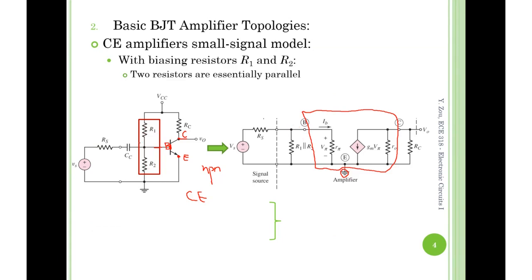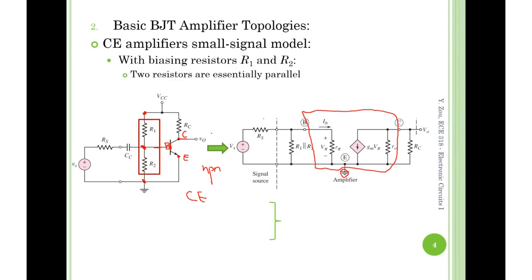R1, R2 are in parallel, because the other terminal of R1 up here is ground, so here is shorted with the R2, and here they're shorted together as well. So R1, R2 parallel. The base connects to them and then through the input coupling capacitor CC, which is shorted, and then connects to RS, and then further to VS, just like this part.